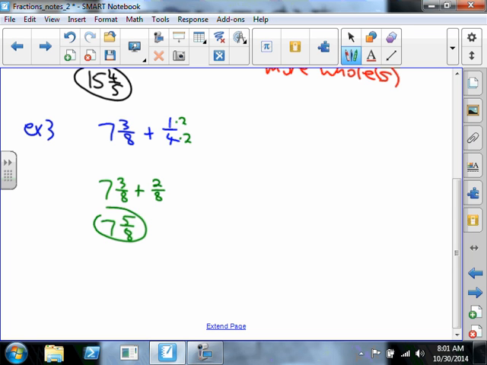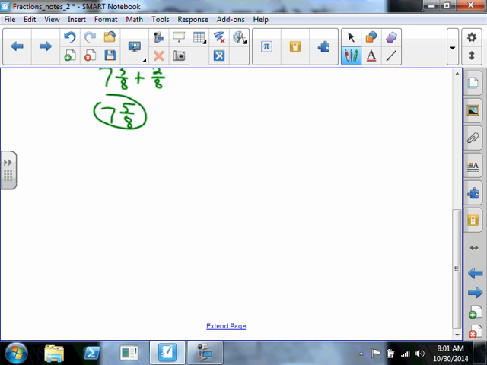So let's ramp things up a notch. Let's try example 4. Let's go with 3 7/8 plus 2 9/16. Ooh. What should our LCD in this instance be? It should be 16. So what we're going to have to do to the 3 7/8 is multiply by 2 halves to get our LCD.